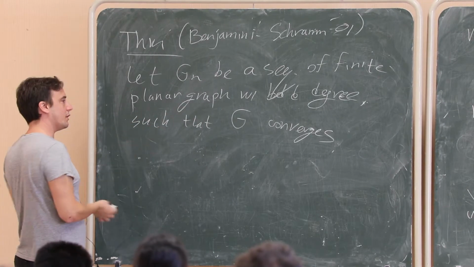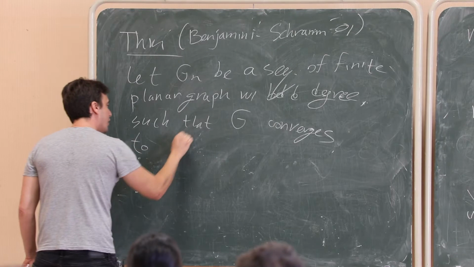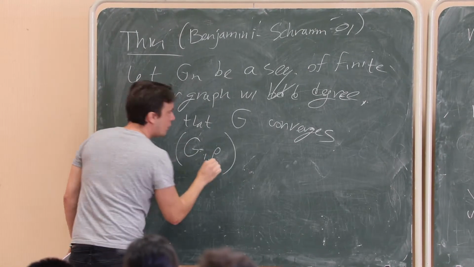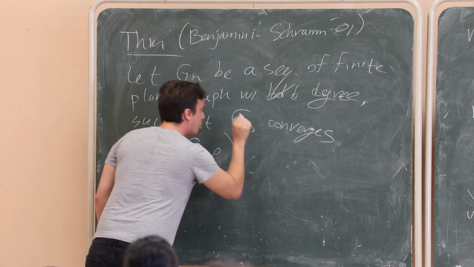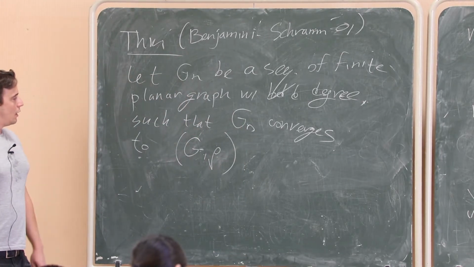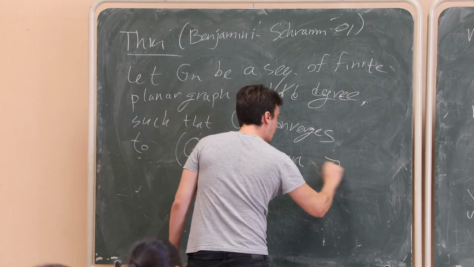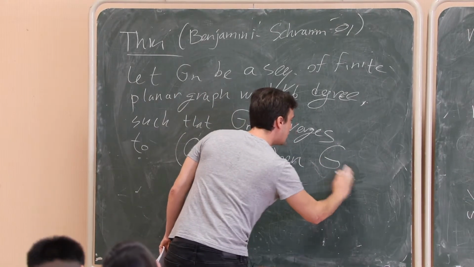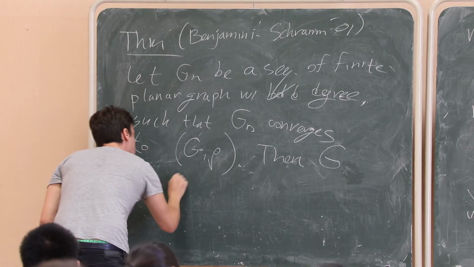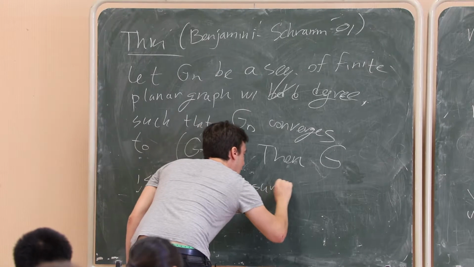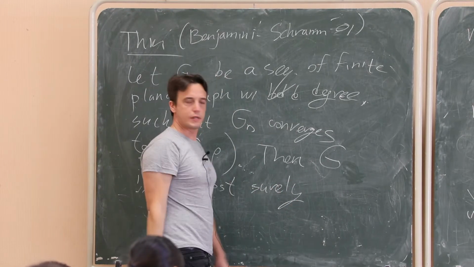It doesn't even have to be infinite. Converges to, let's call it, G rho. Then G is almost surely recurrent. Recurrent for, as usual, the simple random walk.